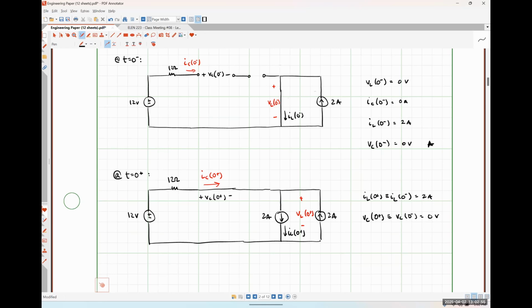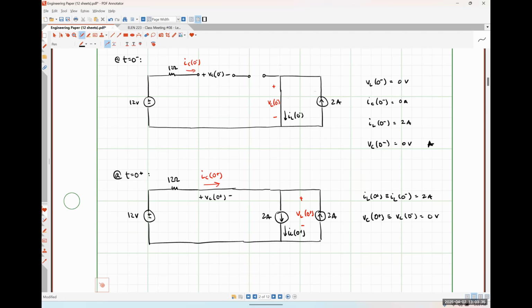Anybody have any thoughts? The current IC at 0 plus will be flowing through that 12 ohm resistor.